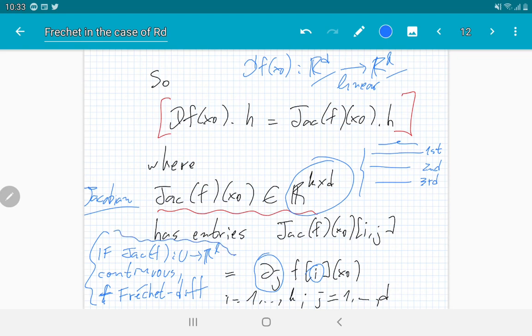So it's the same theorem as before. There's nothing new here, because we're only talking about differentiability coordinate by coordinate. So if you know that all coordinates are differentiable, then we know that f is differentiable.